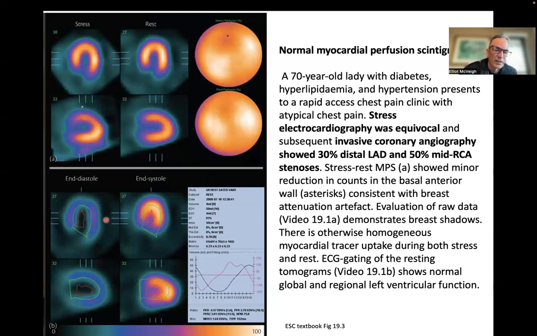You can also do a cool thing in that because you're continuously collecting the SPECT data, you can break it up into time buckets. So if you're collecting the EKG, you basically look at the EKG and say, for the first 20% of the EKG, I'll reconstruct one image, and the next 20% and the next 20%.